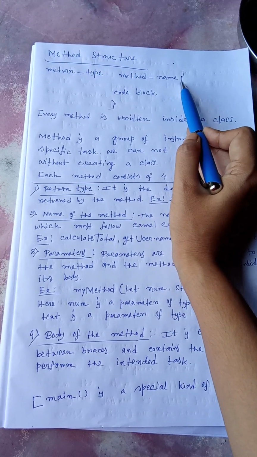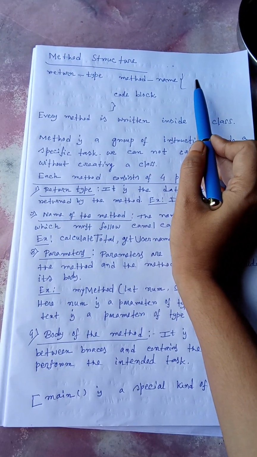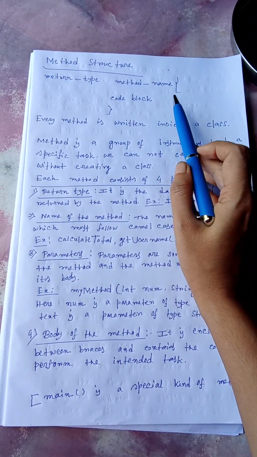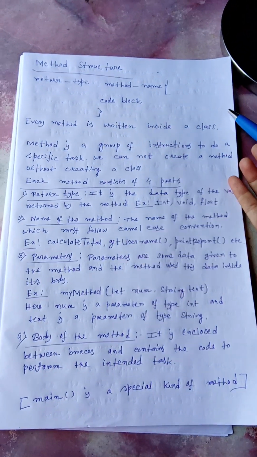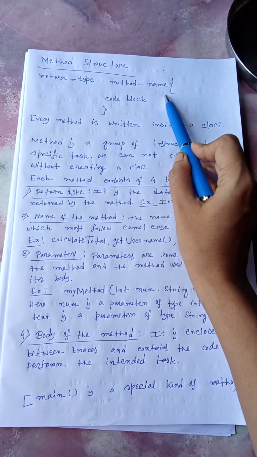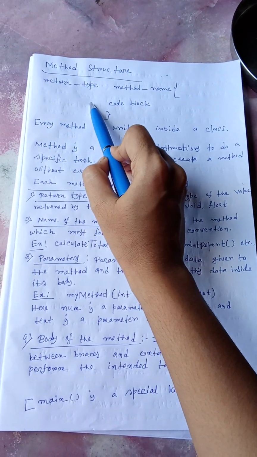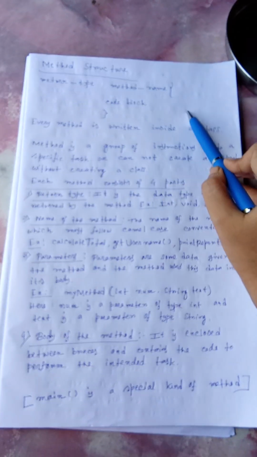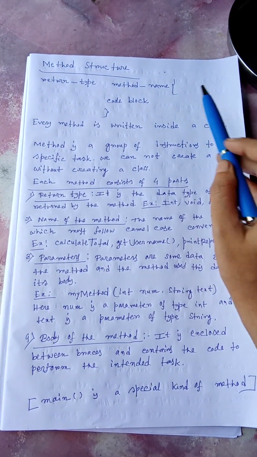Then we have to start the curly braces. Inside these curly braces, we have to write the body of the method. And inside this body, we have to pass some parameters and then end these curly braces, method is ending. So return type, method name, body of the method, and inside this body, we have our parameters.